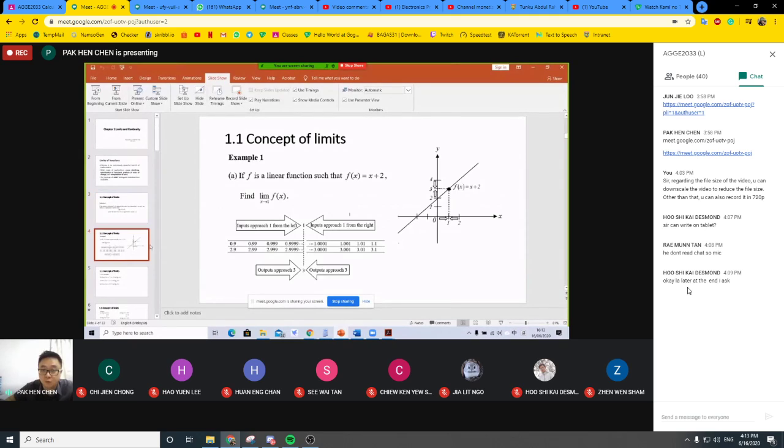So now we can go into the first example. Example number 1.